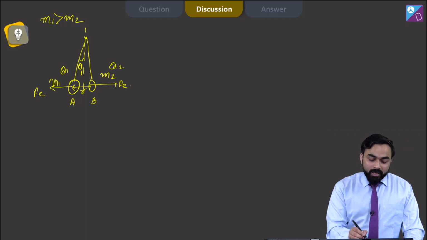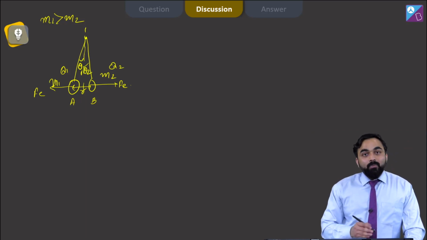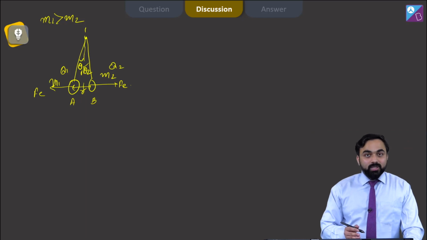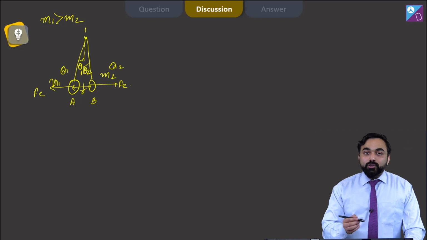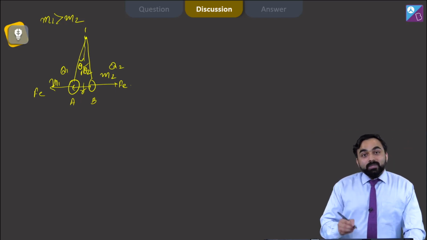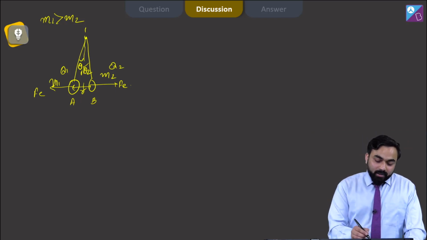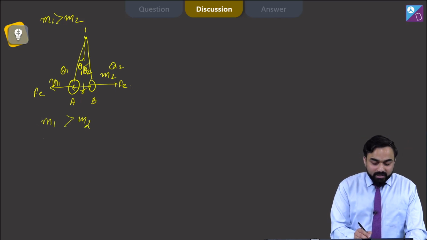This is a practical analysis based question. You can clearly understand if you try to visualize this. So from this concept we can clearly state that if m1 is greater than m2, its deflection, that is theta 1, will be less than theta 2.